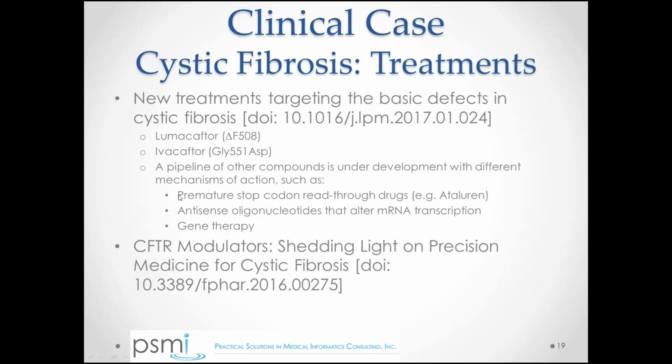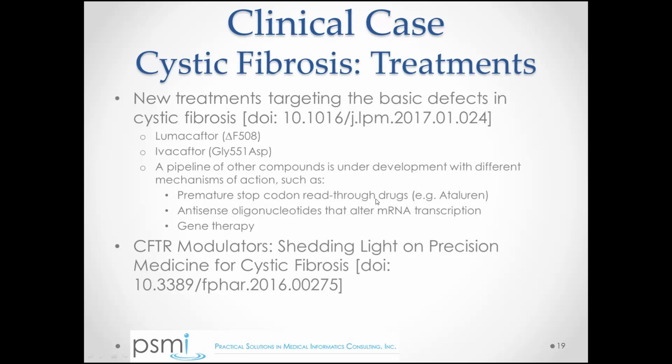But just to give you an idea of some of the other types of molecular therapies being developed, either for cystic fibrosis or for a number of other diseases, there are drugs that can facilitate premature stop codon read-through. So for instance, you get a point mutation that results in a normal codon being changed to a stop codon.